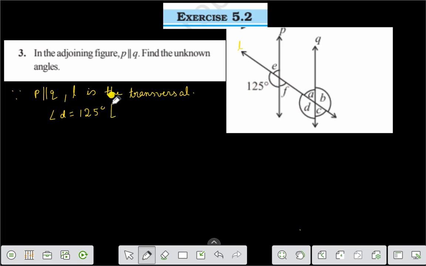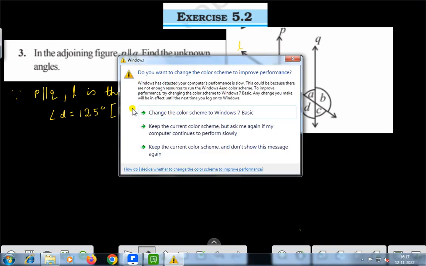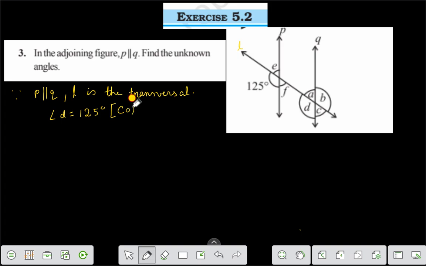In bracket we are writing here corresponding angles. Right? This is also 125 degree.